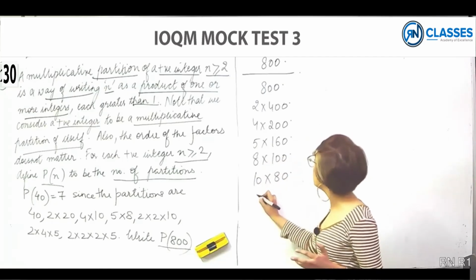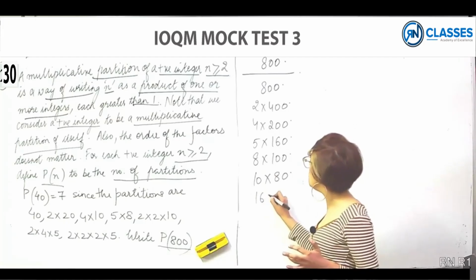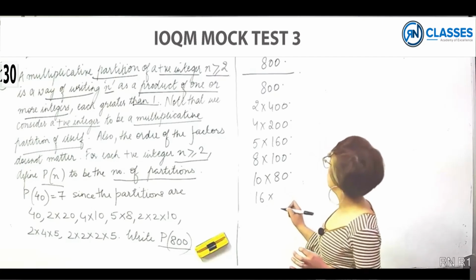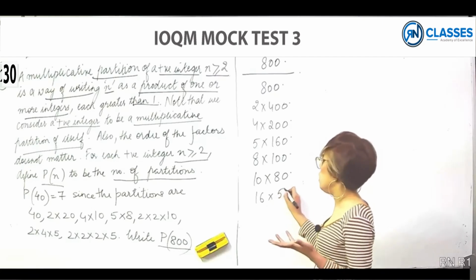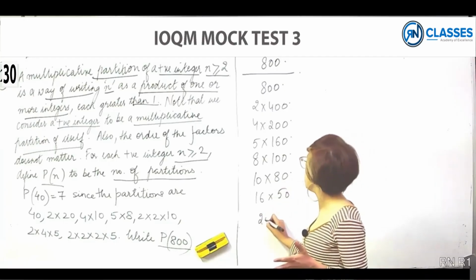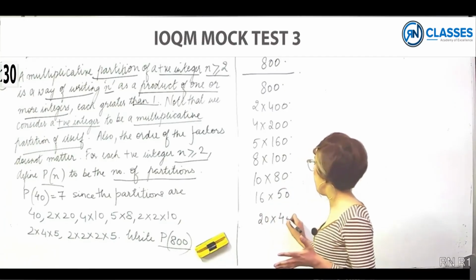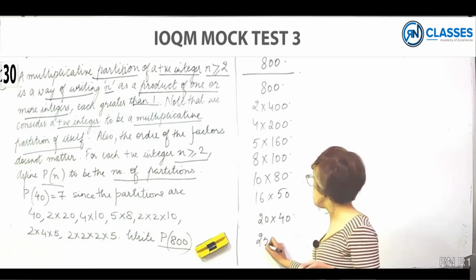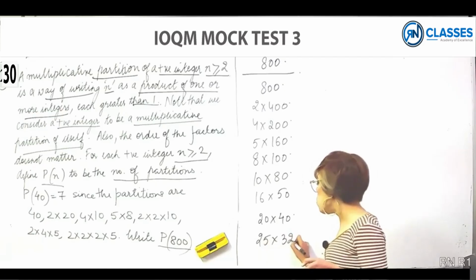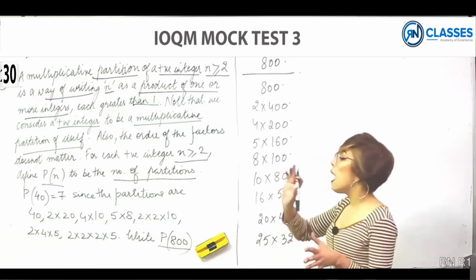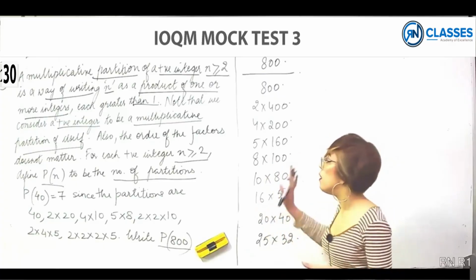Then 16 into 50, of course. Then 20 into 40. Then 25 into 32, and then I will start repeating, because 32 into 25, again, ordering does not matter, so I have already written it.